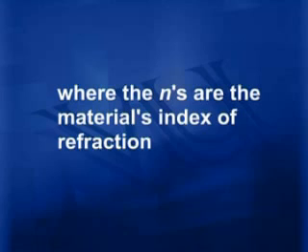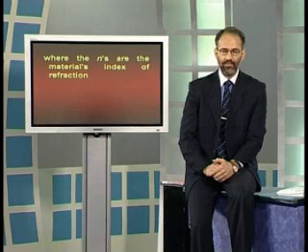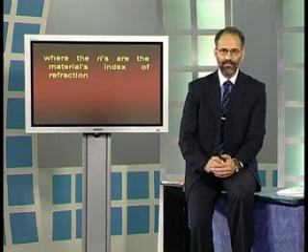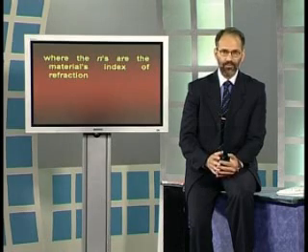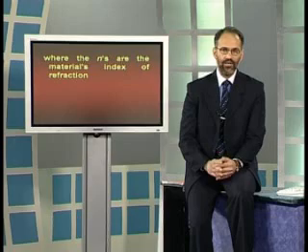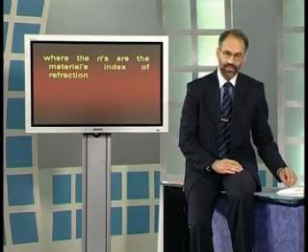Index of refraction is actually a measure that tells us about the speed of light in that medium. So for medium A there would be a different speed, for medium B the speed would be different. Accordingly, we use the values of n_A and n_B calculated for the different media, and then the sines of the angles give us the difference between the angle of incidence and refraction.